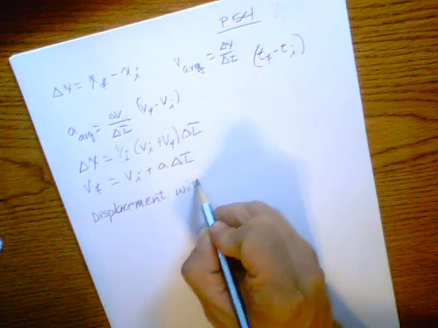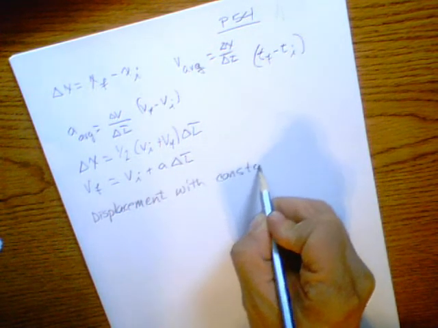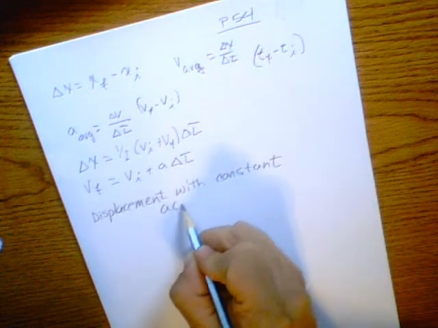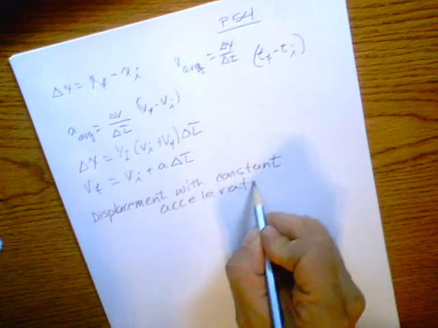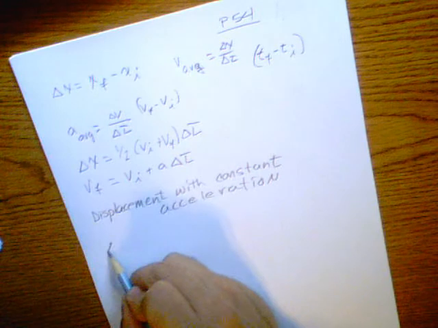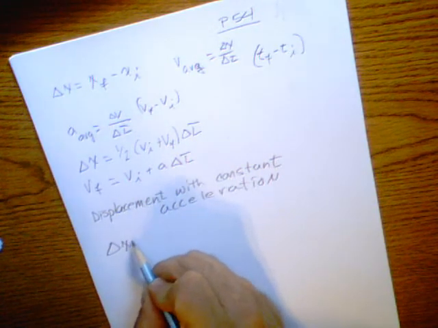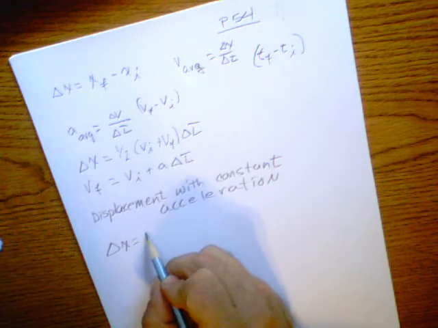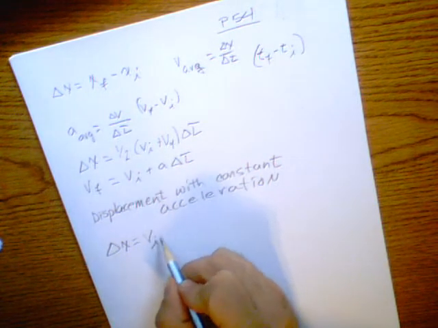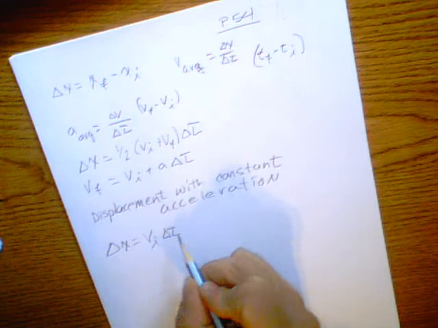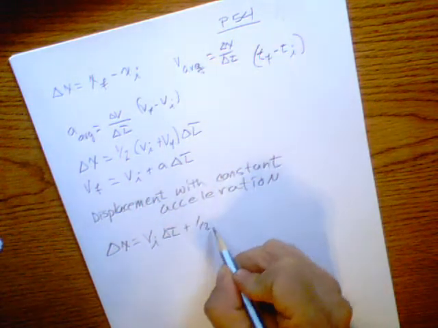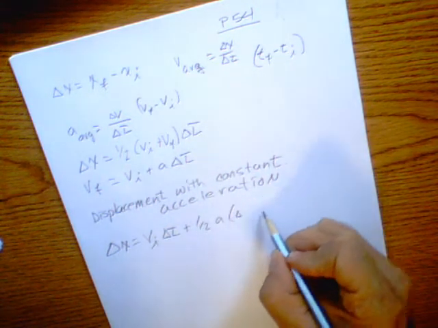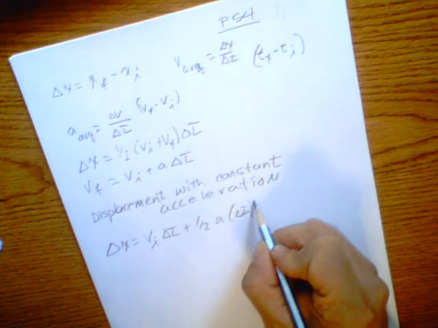Displacement with constant acceleration. And that equation is change in x, which is the displacement, which equals velocity initial times change in time plus 1/2 acceleration times the change in time squared.